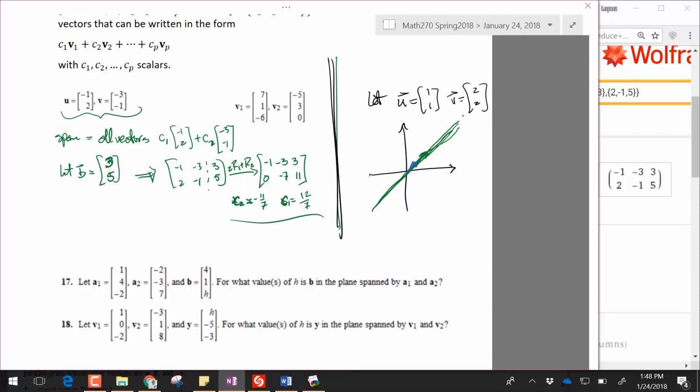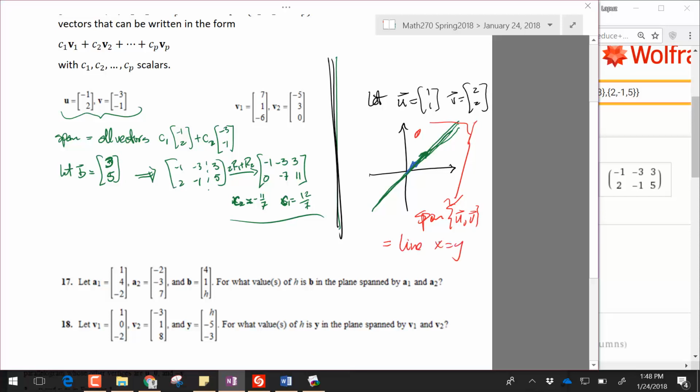Second, if you have a point outside of that line, there's no way you can scale either of these two vectors and add it to the other vector to get out of that line. So this is a case where the span of these two vectors would just be every single point on this line and nothing else. Span of u and v is going to be the line.